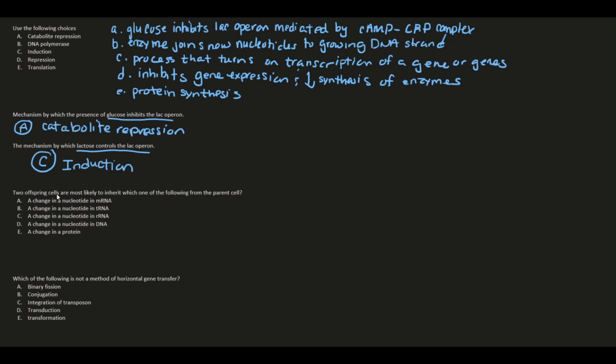Two offspring cells are most likely to inherit which one of the following from the parent cell? A, a change in a nucleotide in messenger RNA, B, a change in a nucleotide in tRNA, C, a change in a nucleotide in rRNA, D, a change in a nucleotide in DNA, and E, a change in a protein.